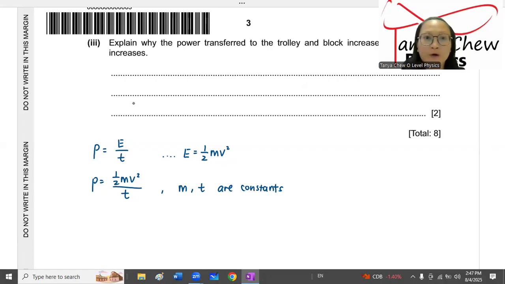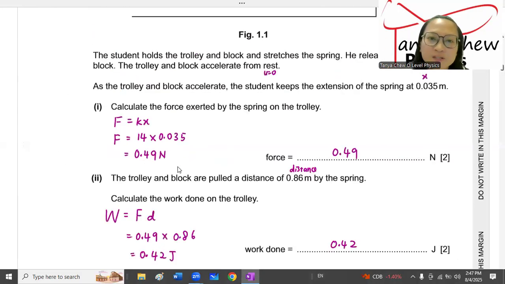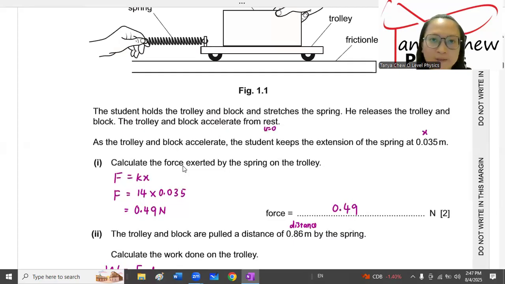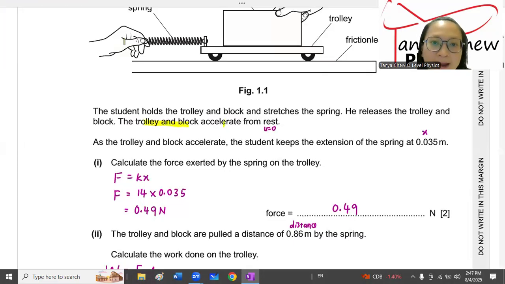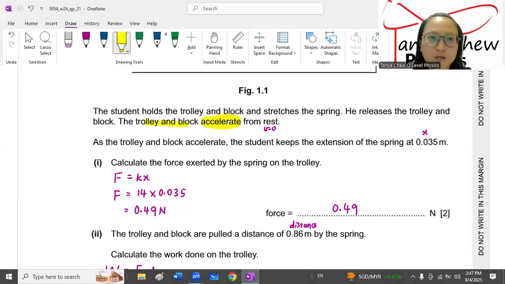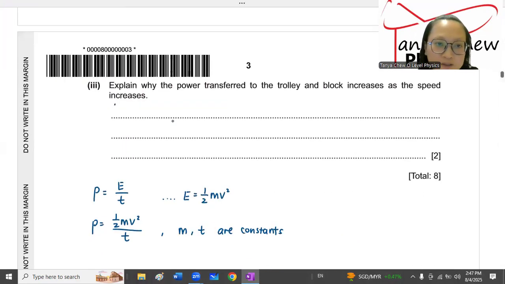So whenever the speed increases, the power will also increase. How do I know the speed is increasing? Because look at this part. I'm going to use the highlighter. The trolley and the block accelerate. Accelerate means that the speed of the trolley and the block is increasing. So that is why I'm using this equation.